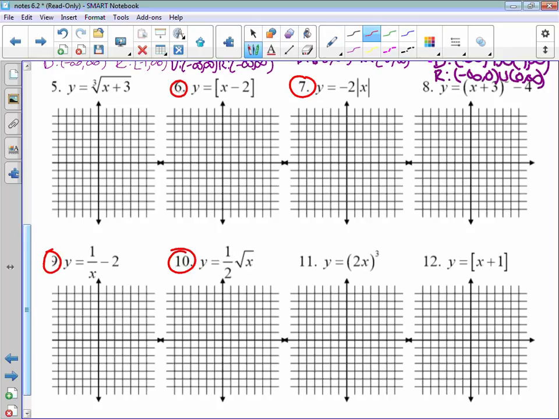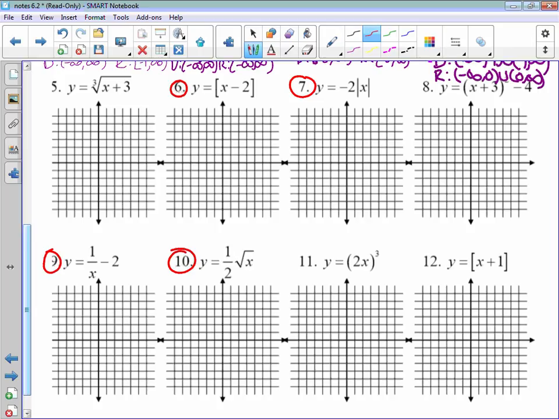Which one are we on? Do 6, 7, 9, and 10. We're just skipping it. I like these. I know it's a hard question.